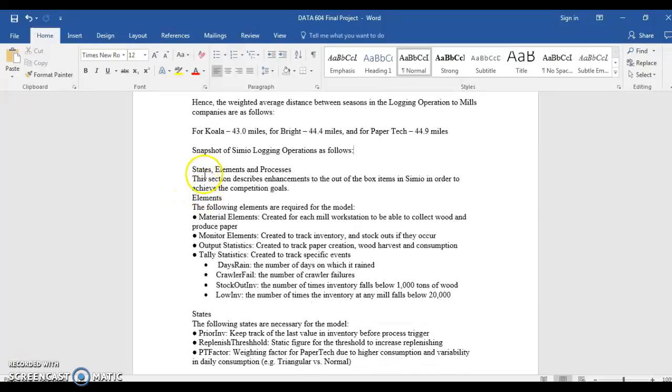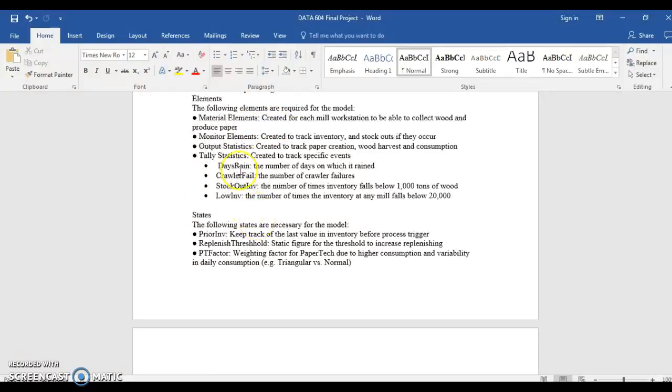This is the states, elements, and processes I have considered in the project. The elements required for the model are the material elements, monetary elements, output statistics, tally statistics, and states.